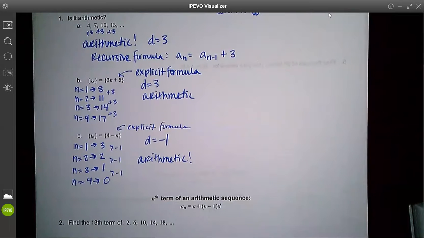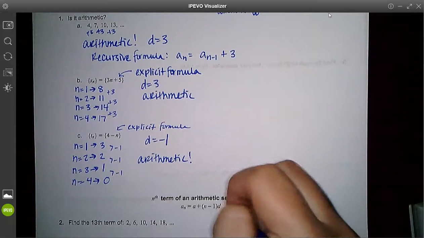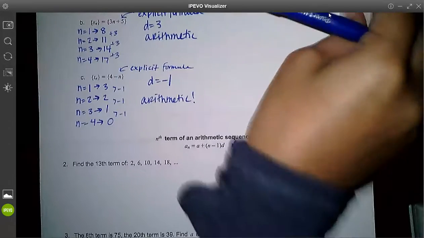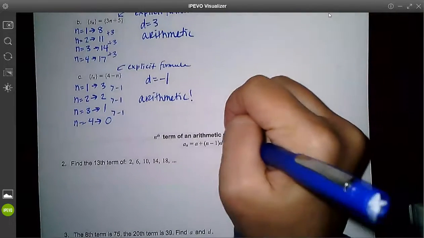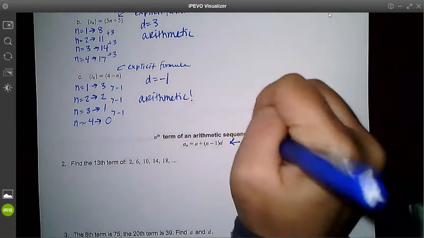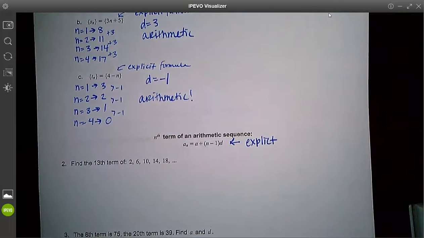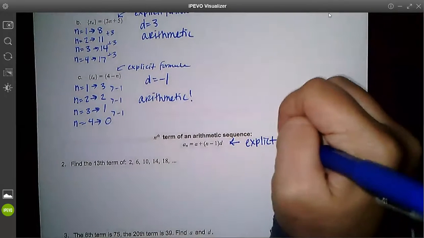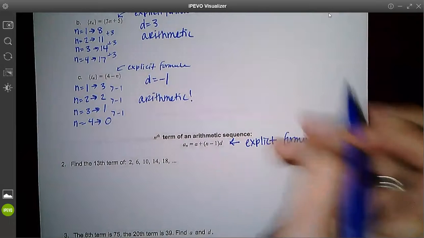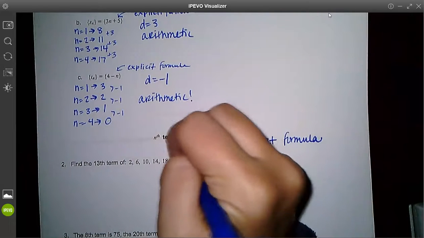The nth term of an arithmetic sequence, this is how to find the explicit formula given the first term and the common difference. So again, explicit means you can find any term without having to know the term before it. A is always going to be your first term.